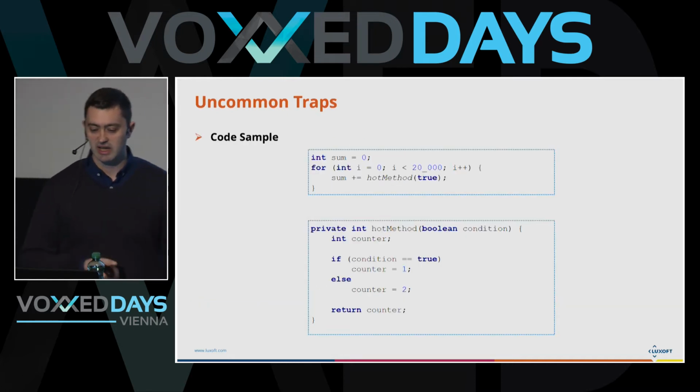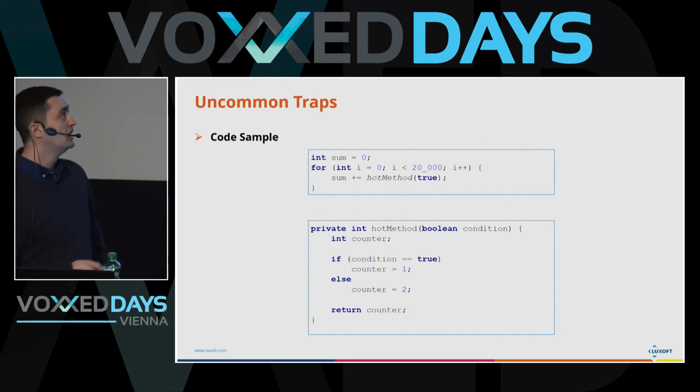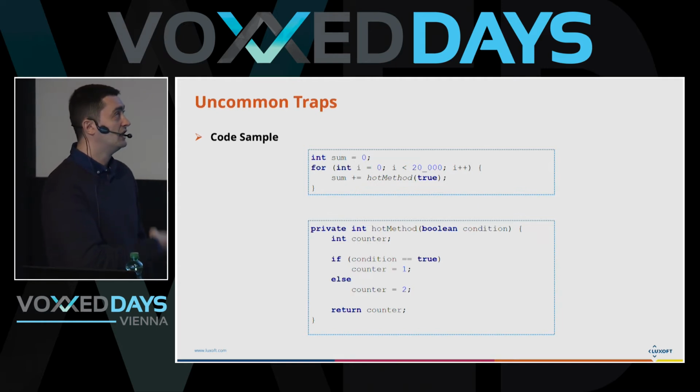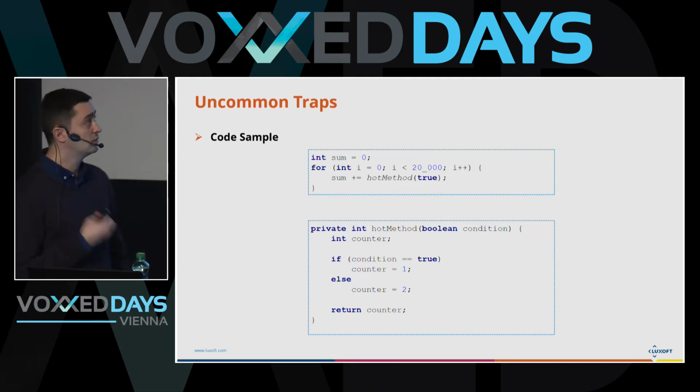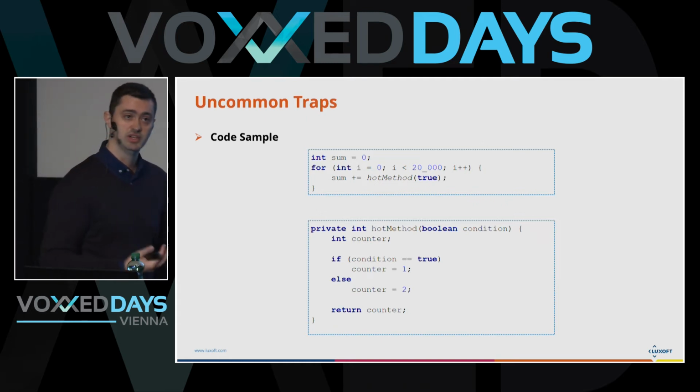To understand it better, let's see this very trivial example. What I did here, I created a loop. Inside that loop, I iterate 20k times, and inside the loop, I call a hot method all the time with true.